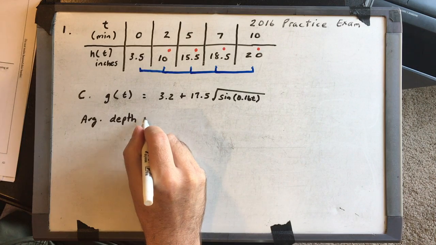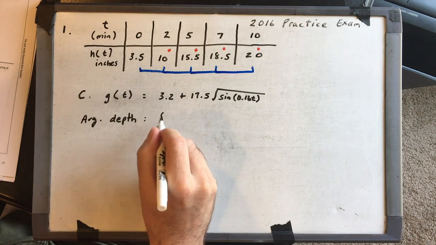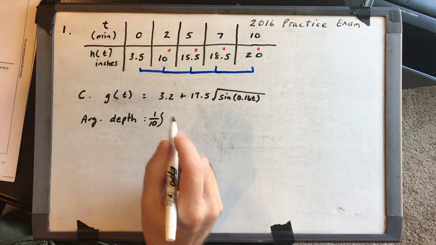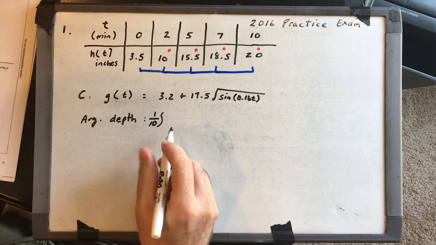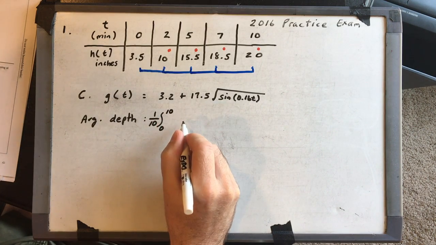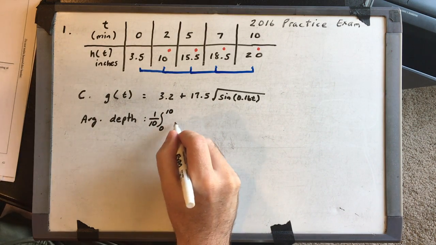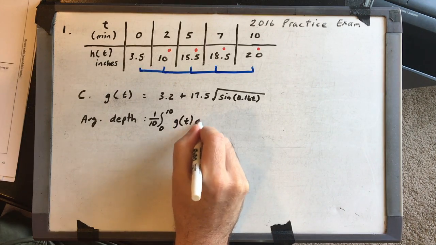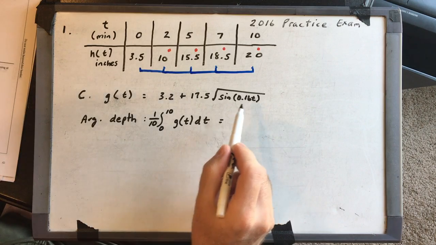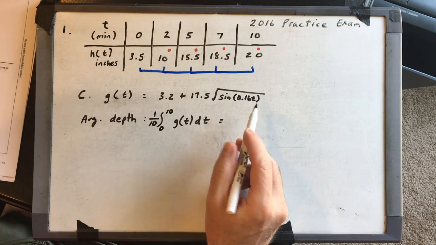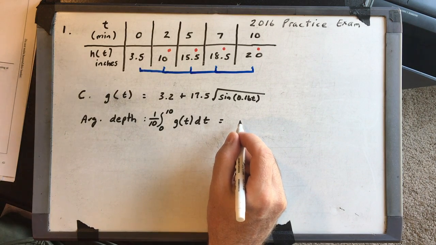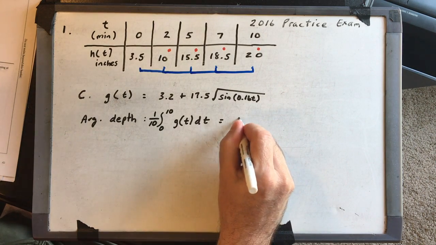The average depth is going to be 1 over B minus A, so 1 over 10 minus 0, from 0 to 10 of G of T dt. If you put this in your calculator, you'll get 16.624 inches. On the 2020 test you will get one you can do by hand.